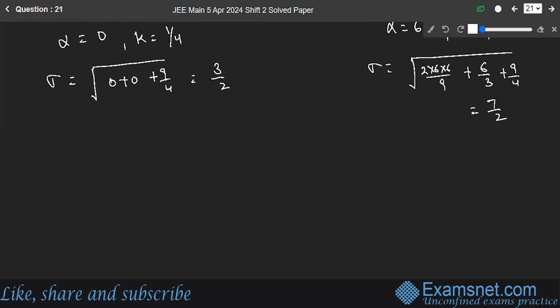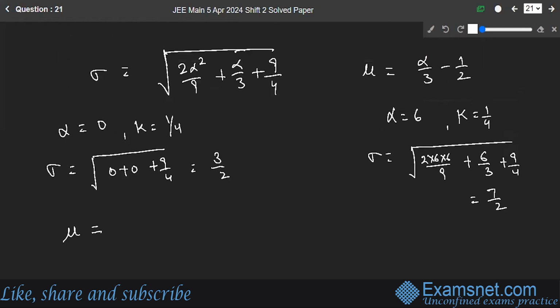And for mu, mu was equal to alpha by 3 minus 1 by 2. So 0 minus 1 by 2 is equal to minus 1 by 2. And here it will be equal to 6 upon 3 minus 1 by 2, which gives 2 minus 1 by 2, equal to 3 by 2.